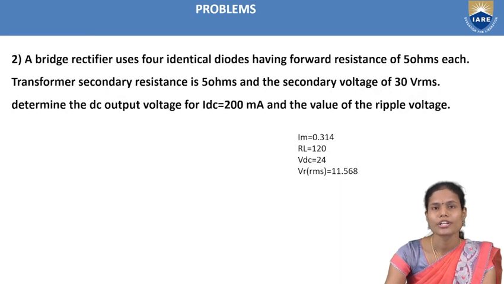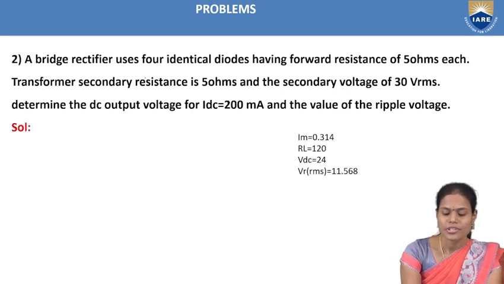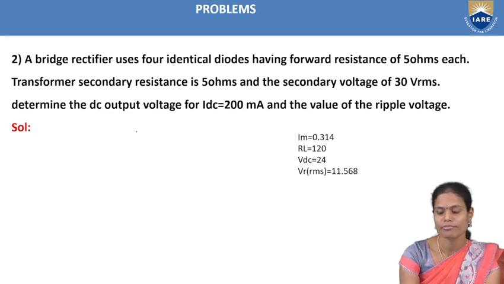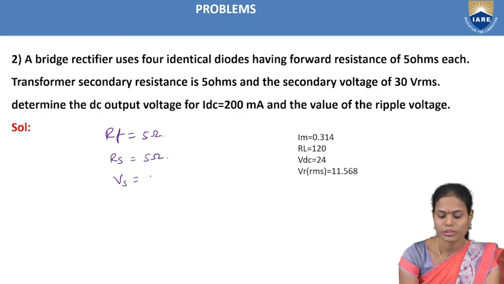And the next problem is related to the bridge rectifier. Till now we have discussed the center tap transformer problem, so now we will see the bridge rectifier problem. A bridge rectifier uses 4 identical diodes having a forward resistance of 5 ohms each, and the transformer secondary resistance RS is equal to 5 ohms, and the secondary voltage Vs is 30 V RMS.